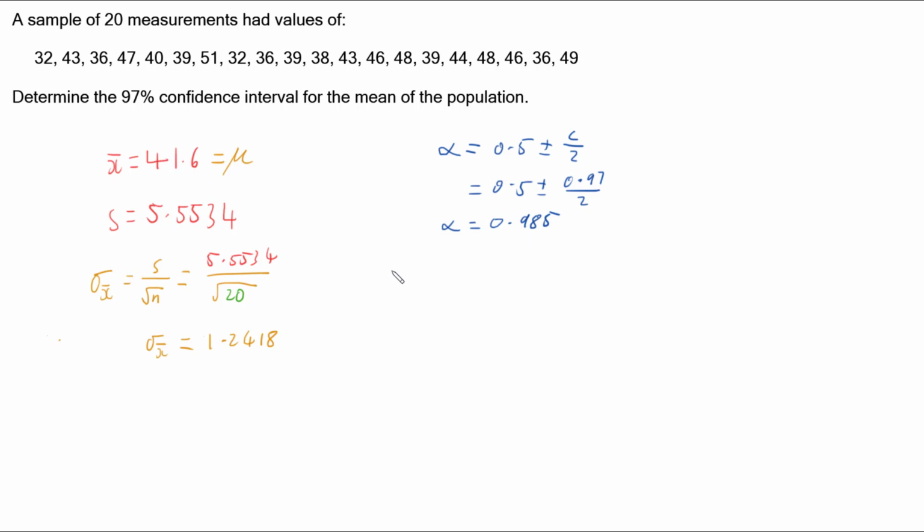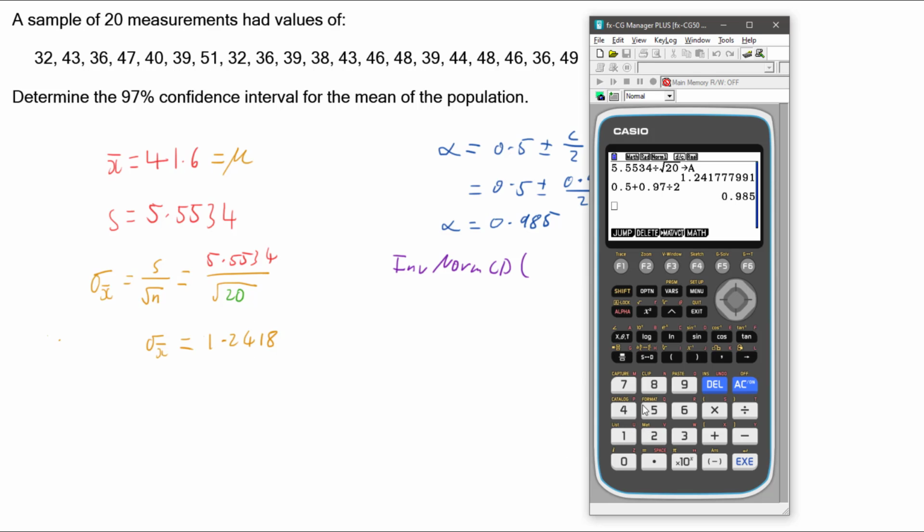And so now we're going to use our inverse normal distribution to get the upper bound of our confidence interval, and it takes our proportion, 0.985, our standard deviation, and our mean. So we're going to go to Option, Stat, Distribution, Normal, Inverse, put in our 0.985, so put in answer, comma.